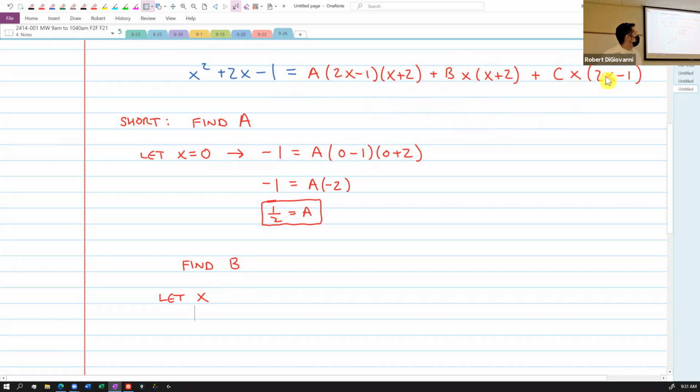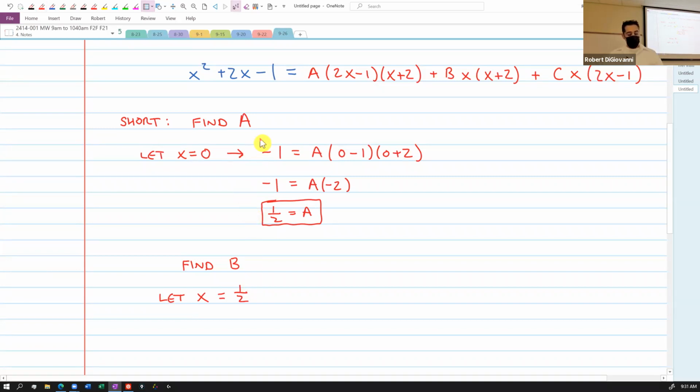See that? They both have 2x minus 1, but this one doesn't. So what would you have to plug in for X to make the 2x minus 1 become a 0? 1/2, right? Positive 1/2. So I'm going to let X be a 1/2. You understand that?